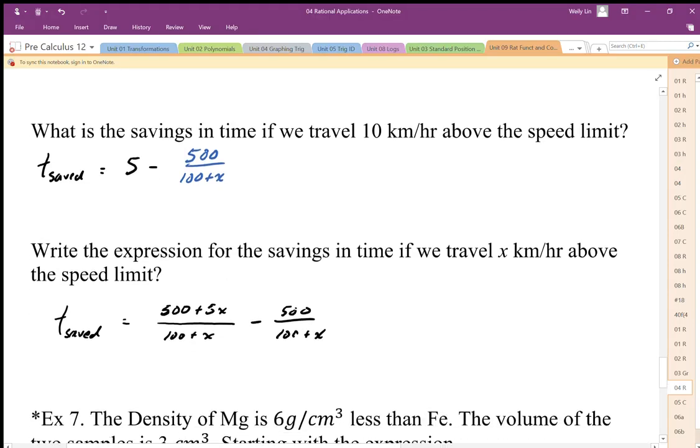Okay, the 500s cancel out, so we end up with 5x over 100 plus x. So this expression represents the time saved, or the difference in the time from the original time and our new time based on the new velocities.